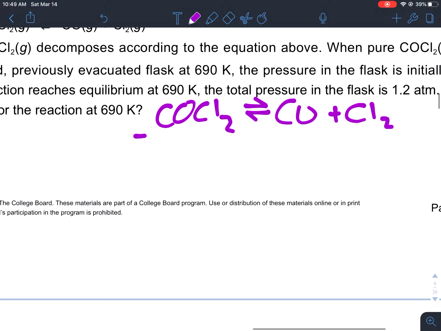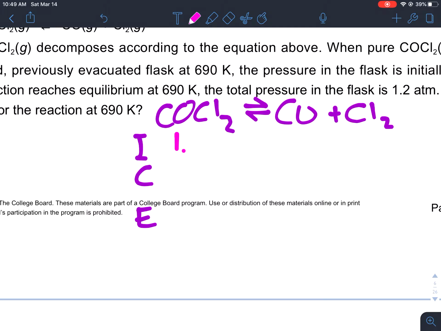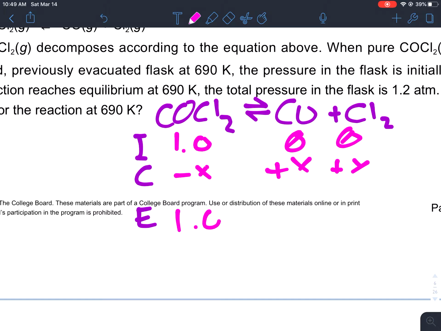If you do an ice table here, you're starting with 1.0 of this. This is 0. This is 0. This is going to be down by x. This is going to be up by x. This is going to be up by x. This is 1.0 minus x, plus x, plus x.